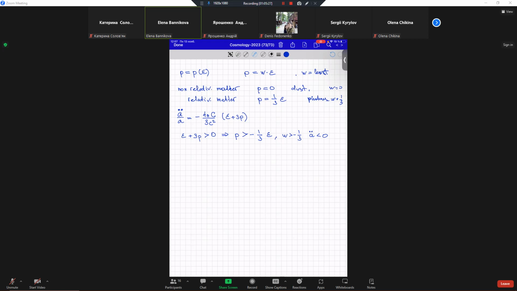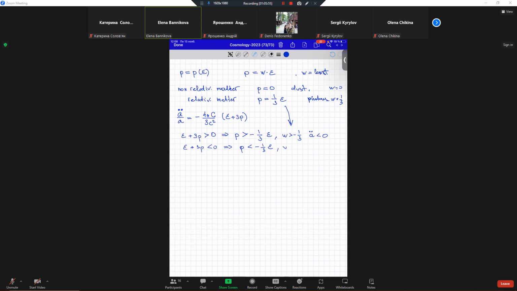And we can see that exactly the equations of state for relativistic and non-relativistic matter correspond to this condition. But if epsilon plus 3p is less than 0, it means that p is less than minus 1 divided by 3 epsilon, which is strange, because we can see that the pressure is negative.